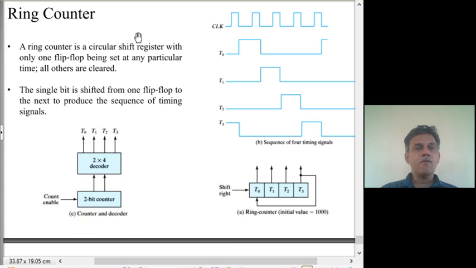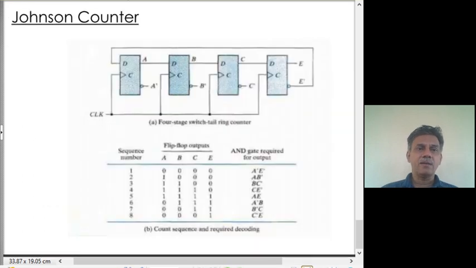Well, now we have an interesting design called the Johnson counter, which strikes a very optimal trade-off between the complexity of the circuit and the number of timing signals that we can generate.